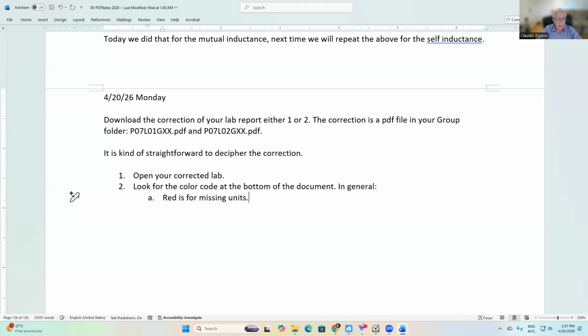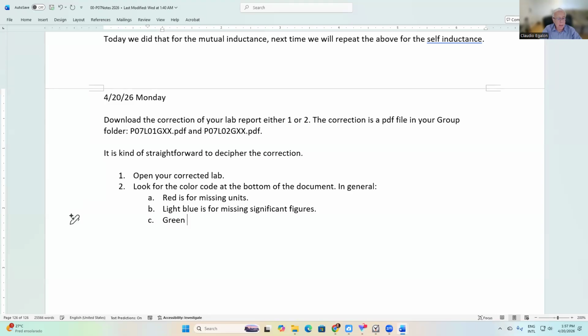B. What else? Light blue is for missing significant figures. In general, right? What else?